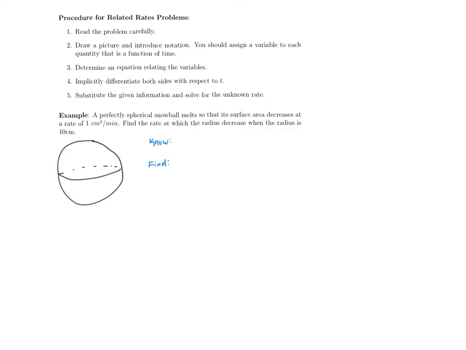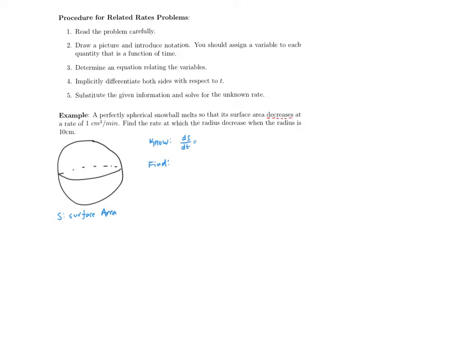So I'm going to go ahead and introduce some notation. We'll say S represents the surface area of our perfectly spherical snowball. And what we know is that dS/dt, the surface area, and the key word is decreases, at a rate of 1 square centimeter per minute.